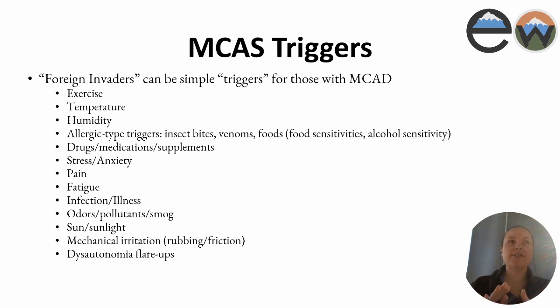Infection and illness, a very, very common reason for mast cells to become angry, is if you come down with a virus or a cold or whatever it might be, that is going to absolutely trigger a mast cell reaction. Odors, pollutants, and smog, so environmental toxins can certainly irritate things. Sun and sunlight, for those that react on the skin, it is a thing.